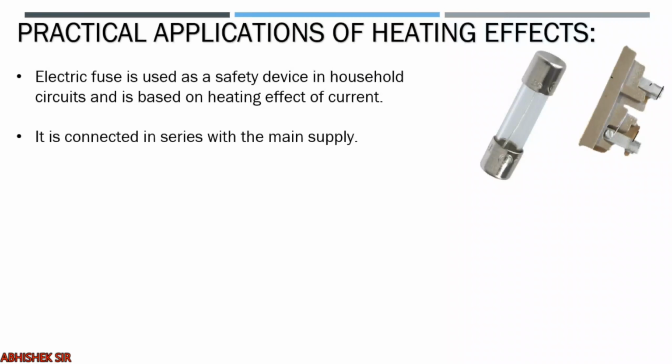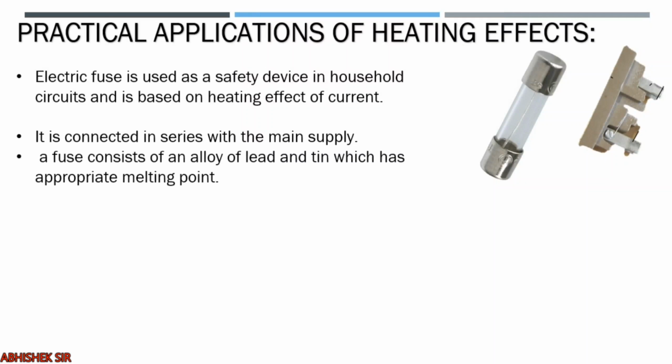Now this fuse is connected in series. Remember, the fuse is connected in series with the main supply. You can see it in your home electric board as well. A fuse consists of an alloy of lead and tin which has an appropriate melting point. This appropriate melting point means that it will only melt when more than the required amount of current is passing and the heating effect is produced.